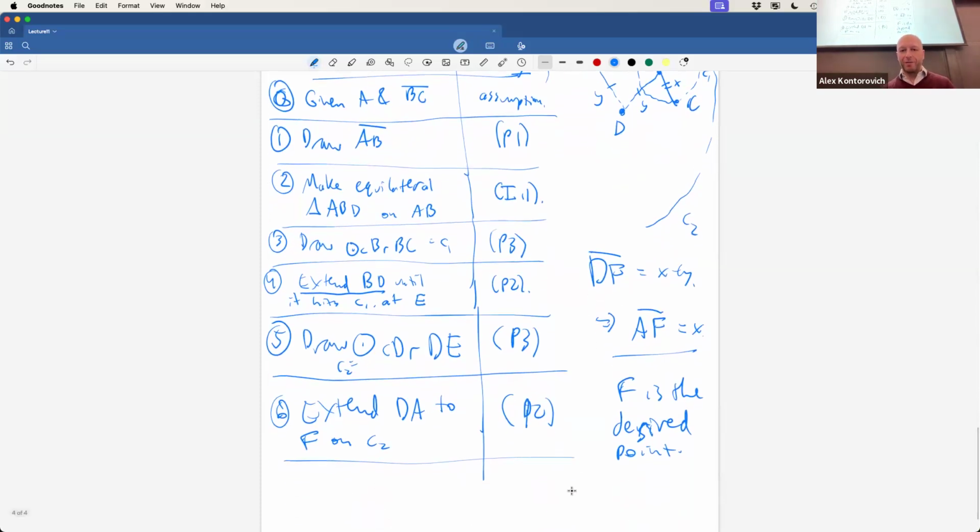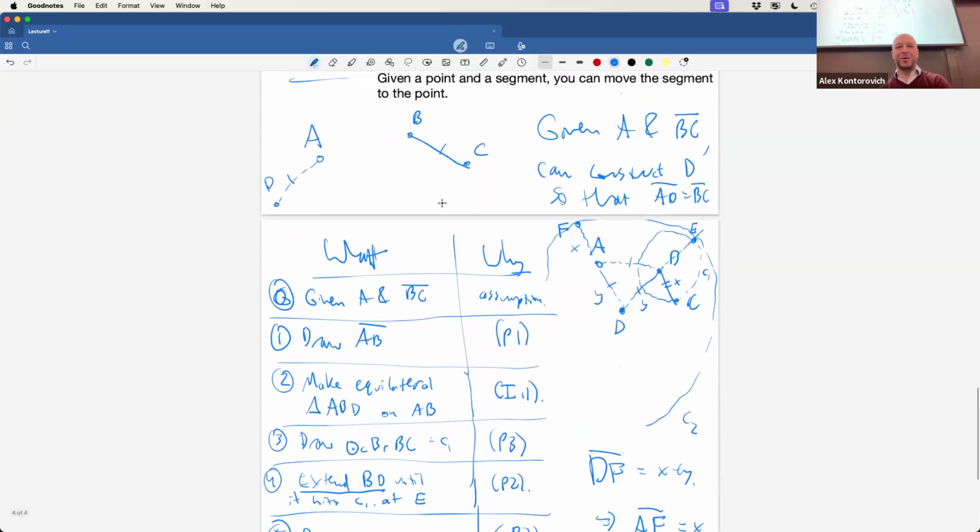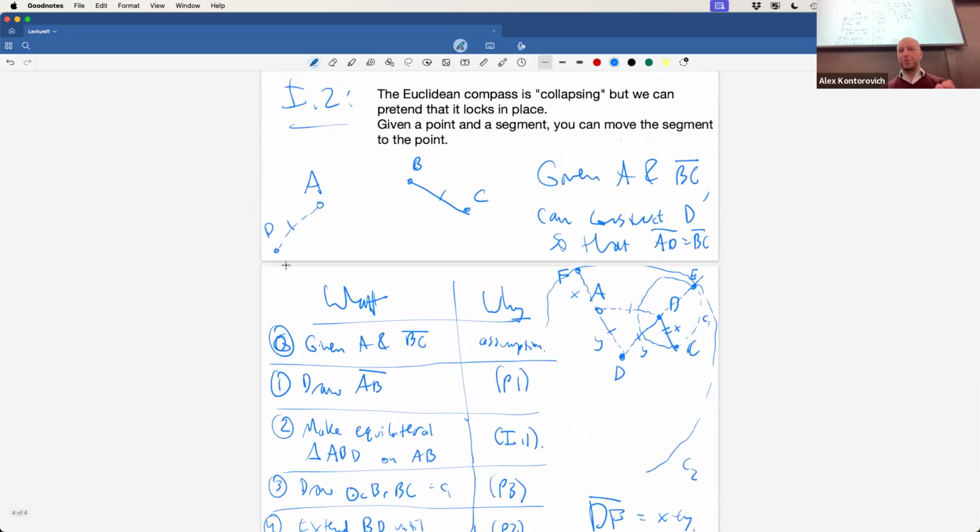So we've created a point F with AF equal to BC. I want to move the length BC over to A. And I've done that, and that length is AF.